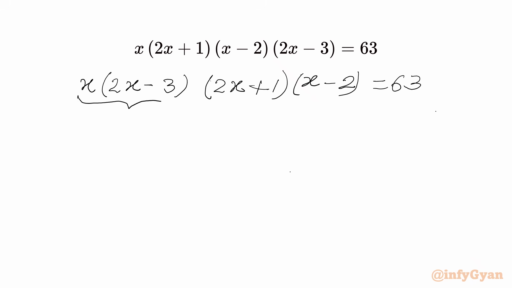Let's multiply these two and these two. We will get 2x square minus 3x.